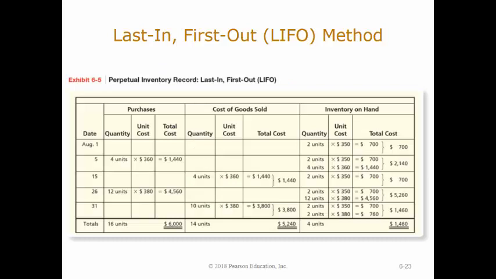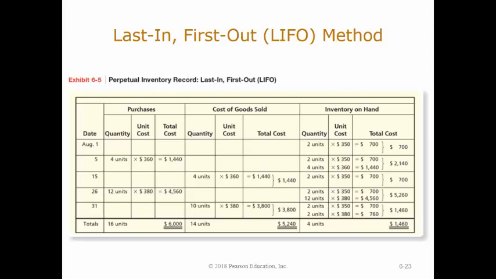Again, Smart Touch Learning had 2 tablets at the beginning. After the purchases on August 5th, the company holds 6 units of inventory, 2 units at $350 plus 4 units at $360. On August 15th, Smart Touch Learning sells 4 units. Under LIFO, we assign all 4 units from the August 5th purchase, along with their costs, to the sale.